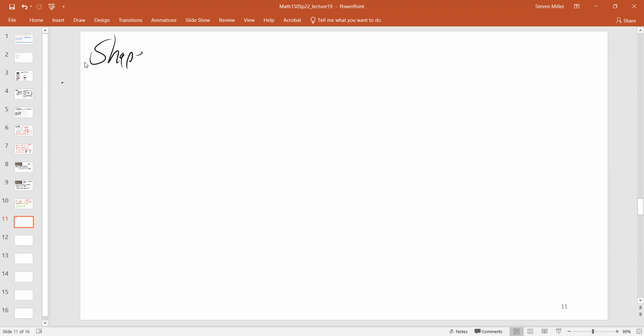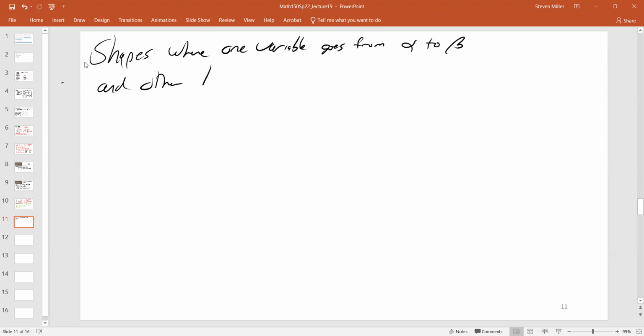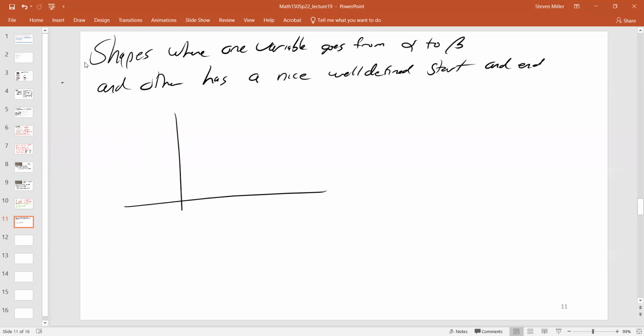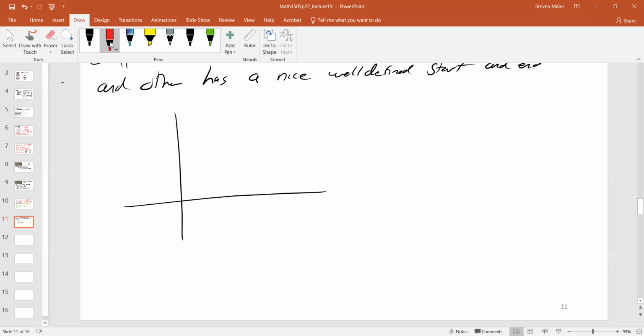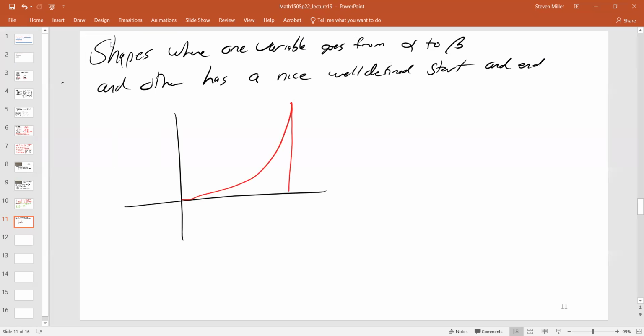So what we really want, and we'll talk about this in later lectures, is shapes where one variable goes from, say, alpha to beta, and the other has a nice, well-defined start and end. So if I gave you something like a parabola, y equals x squared, and let's say this is the point 0, let's say this is the point 3, just to have some fun.